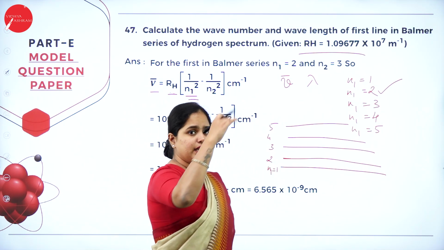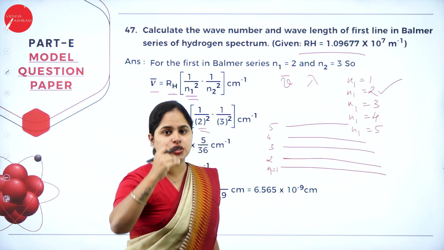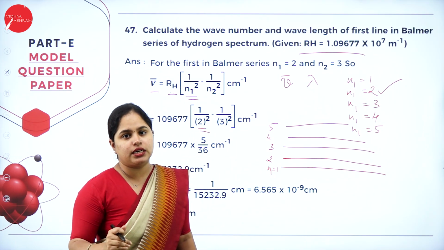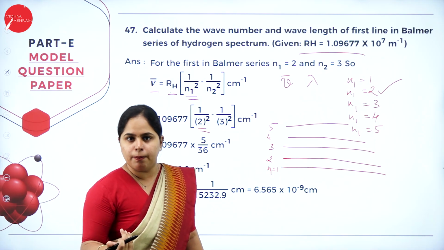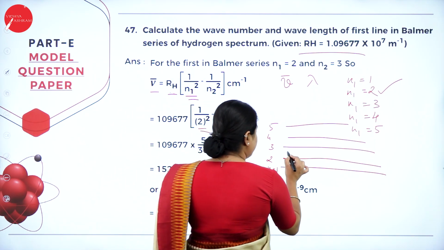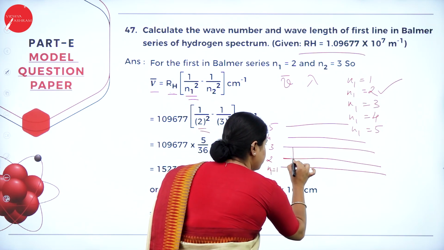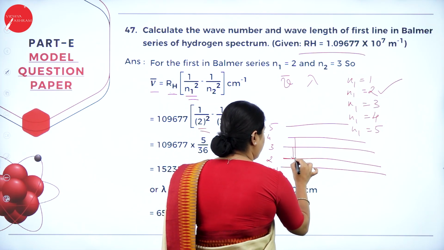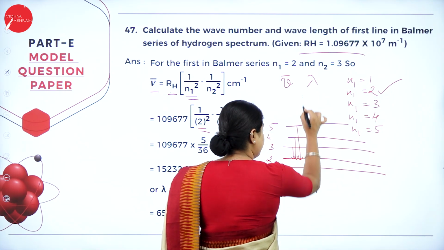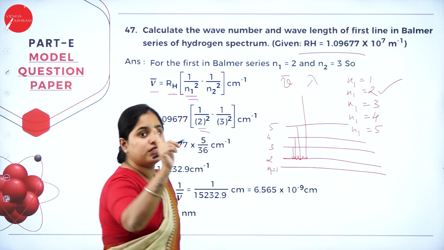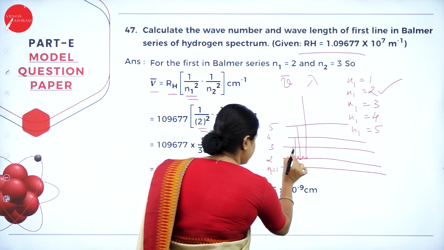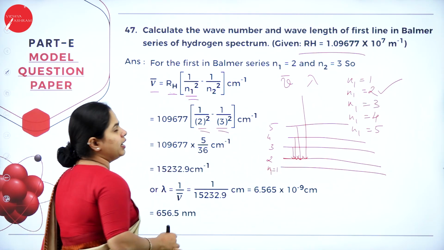So, from any higher level, if the radiation is coming back to the second level, it is called as Balmer series, right? So, which will be the first line in Balmer? That will be from 3 to 2. Right. It can be from 4 to 2. It can be from 5 to 2. It can be from infinity to 2 also. But which is the first line? It will be from 3 to 2. That is why we are taking the N2 value as 3.